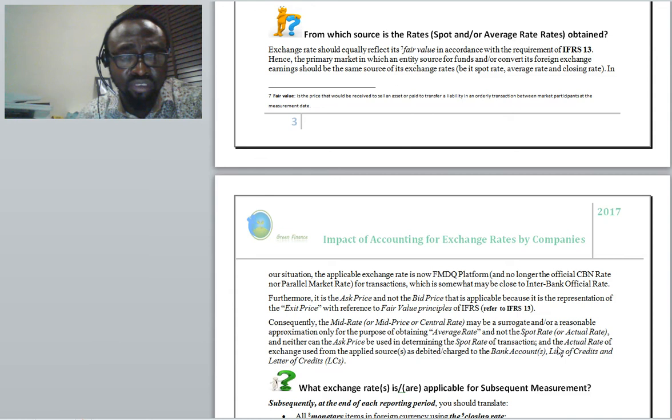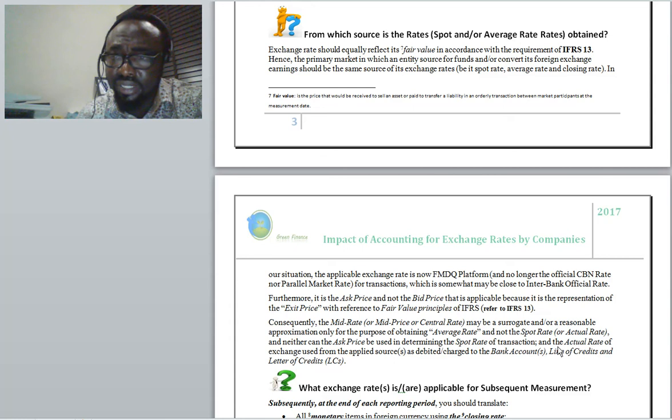For a country to have a multiplicity of exchange rates, so that recently there are debates that Nigerian exchange rates vary from 6 markets or 6 bases to about 10 bases.